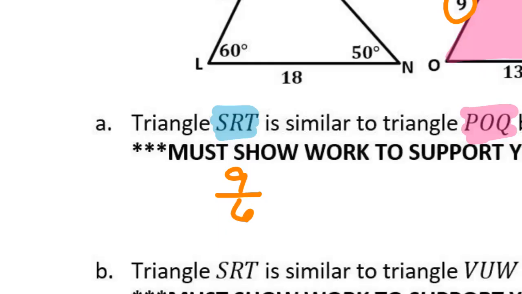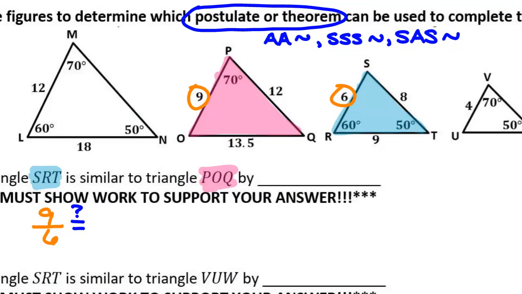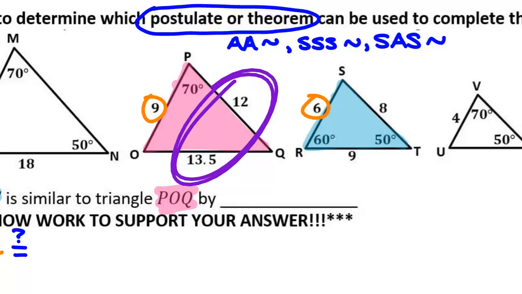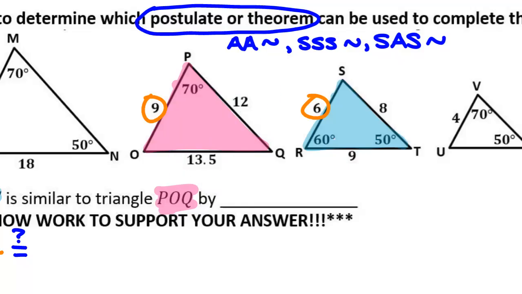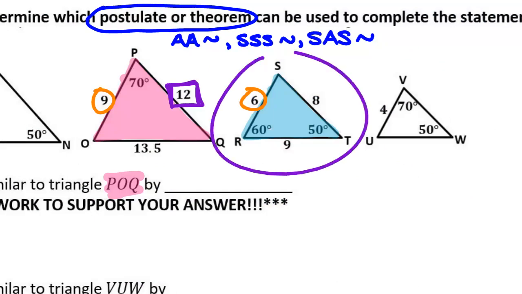And I want to know, is that equal to? So equal sign with a question mark because I don't know right now. Let's match up the medium-sized sides. Which one is the next smallest here? 12 is the next smallest. And what would that correspond to over here on SRT? 8.